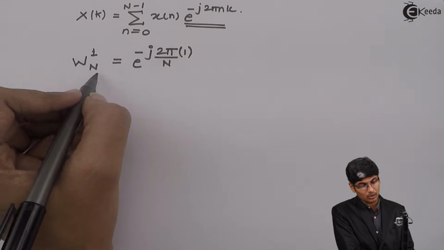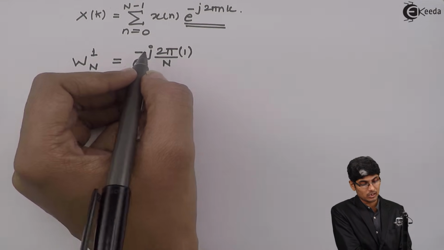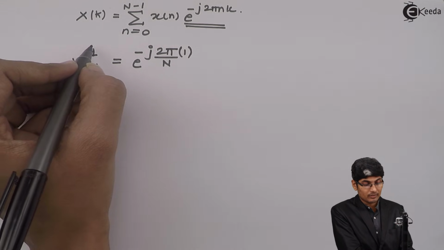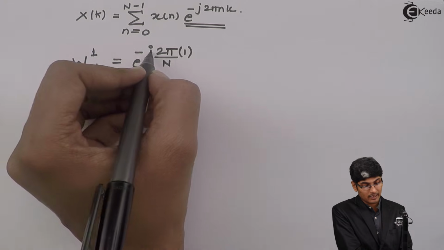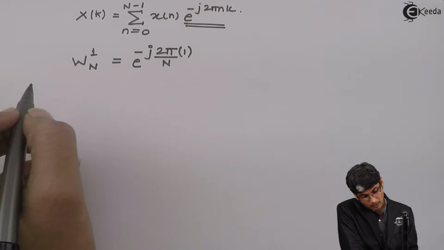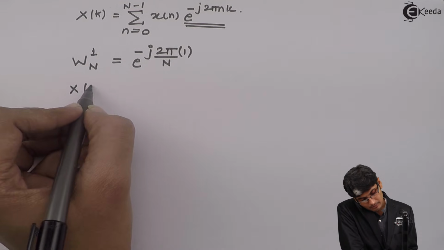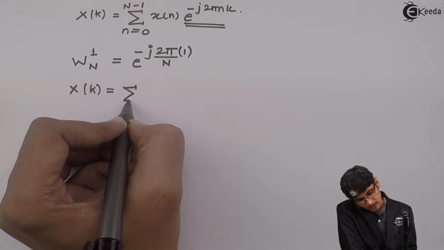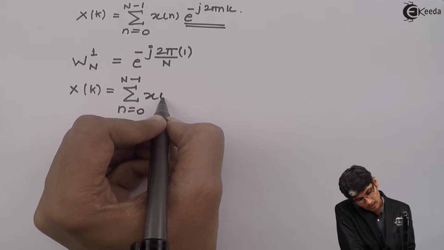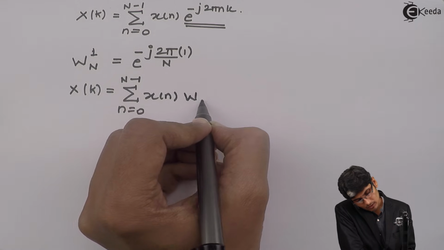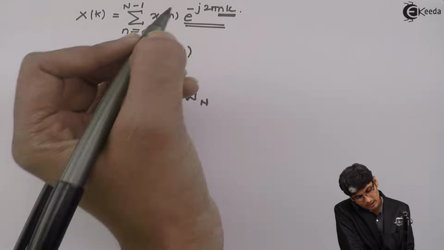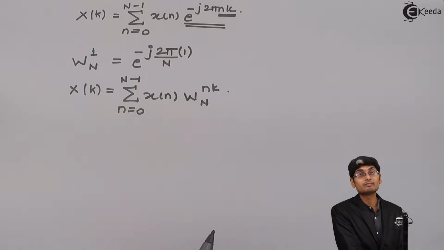So when we write W_N raised to 1, it is equal to e raised to minus j 2 pi by N. The index of W is positive, whereas the index of j is negative in the exponential term. So if I replace it, it becomes X of k, which is equal to summation n going from 0 to N minus 1, x of n W_N raised to, now instead of 1 I have here nk, so I will write nk.